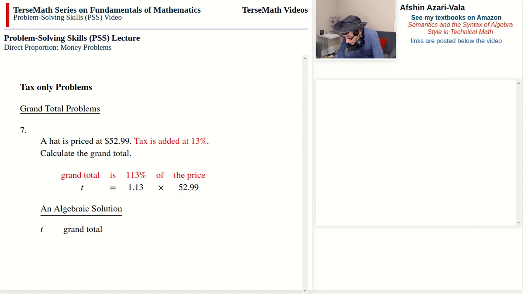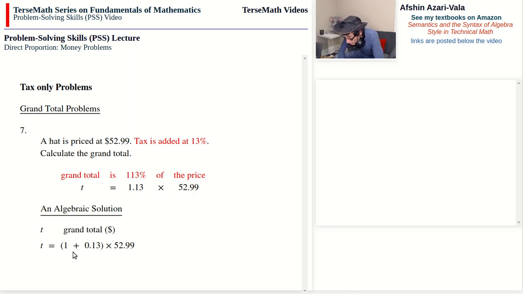So T is the grand total in dollars, and the grand total is 113% of the price. And you noticed again that I didn't put down 1.13 because there is no indication as to where it came from.